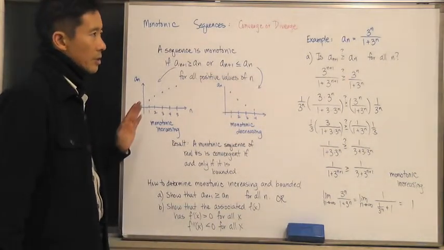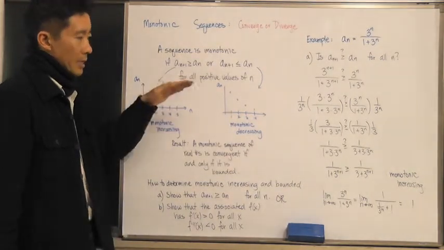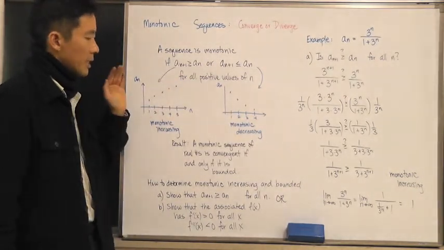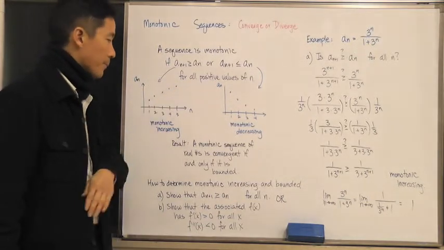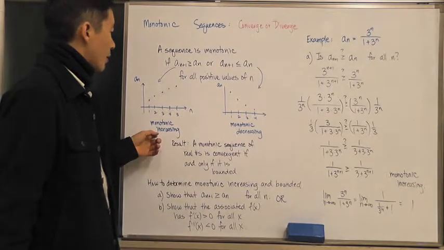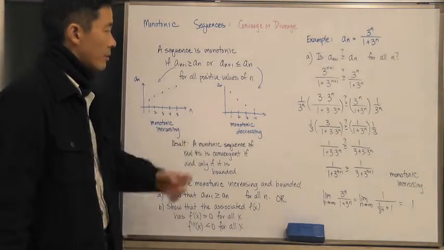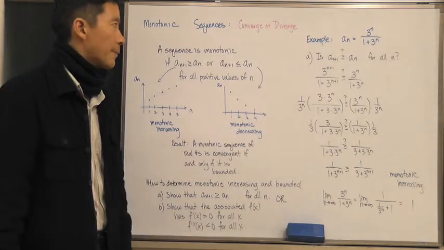So if it is always increasing but concave down, then it is monotonic increasing, and it is also going to be bounded. Okay, so of course this is only for the monotonic increasing situation. You can use a similar type of argument for the monotonic decreasing as well.